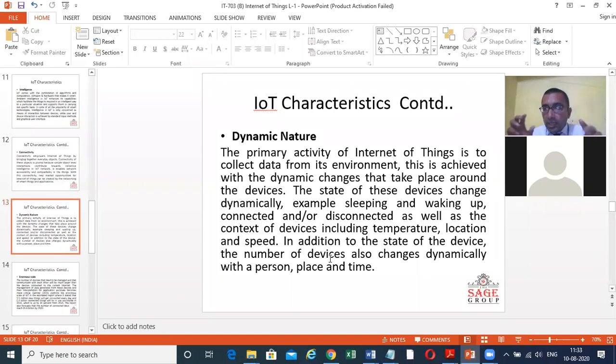So the activity of our device is in the dynamic nature.